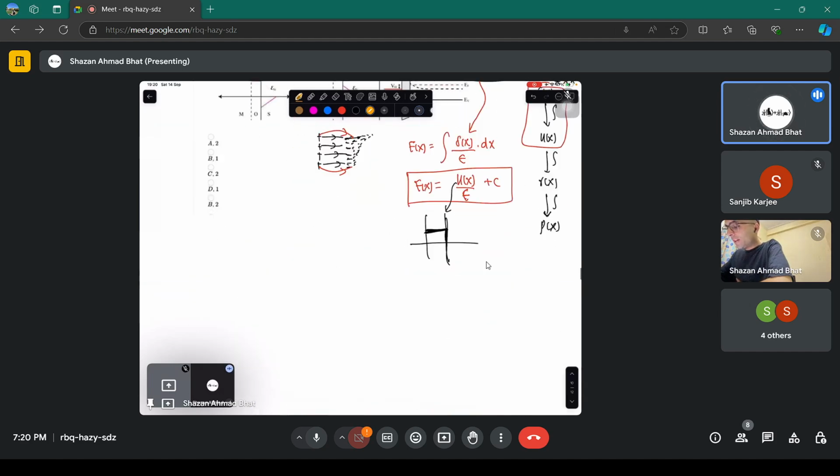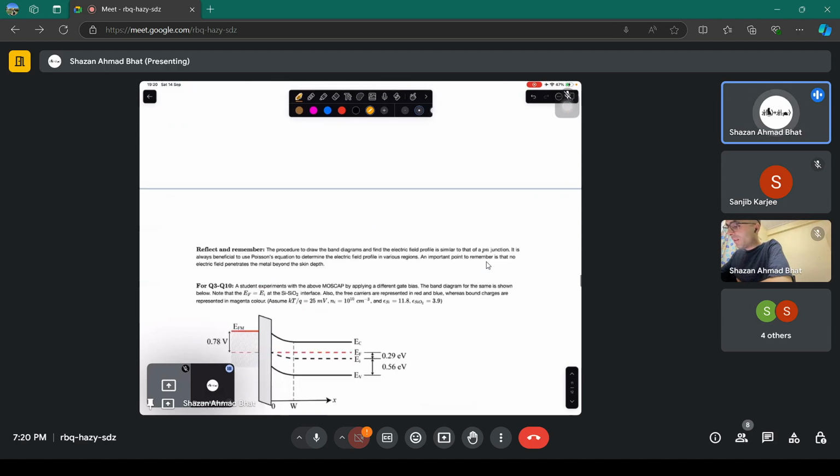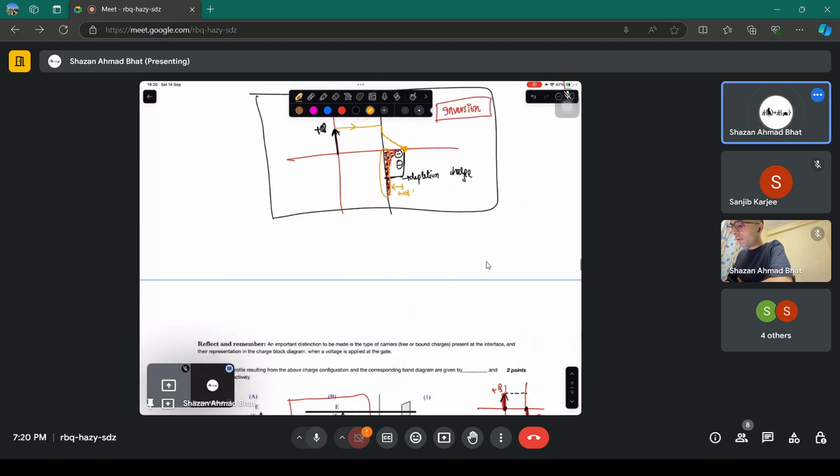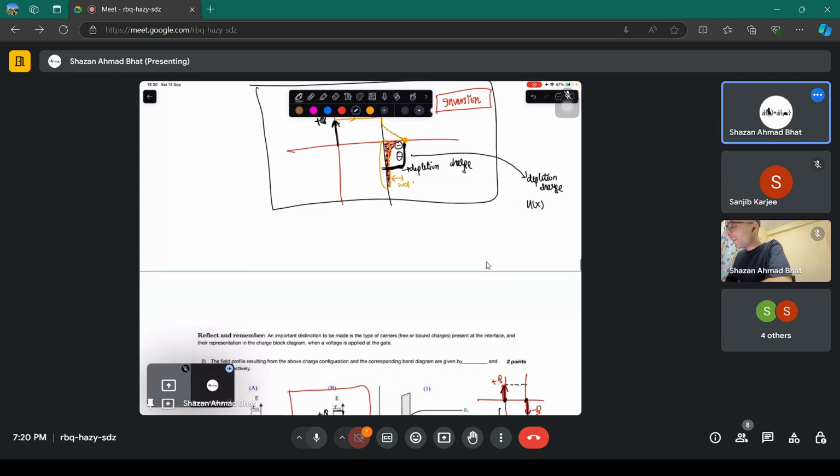So that might be maybe one more question in this session. Mathematically, you have to do the same exercise. If there would have been a depletion charge present, because this is a uniform distribution, you could have represented it as some u of x, let's say minus u of x. Let's forget about the sign right now.